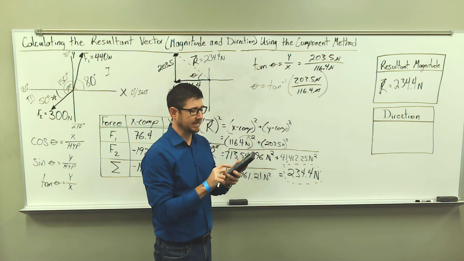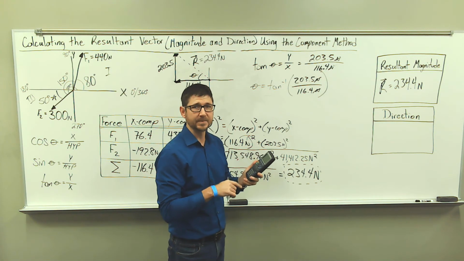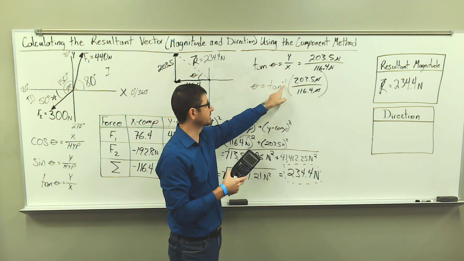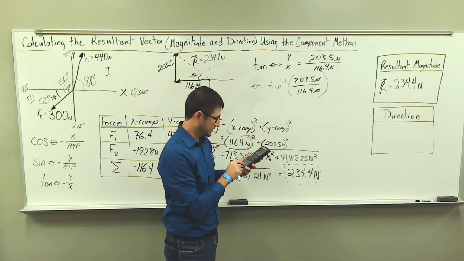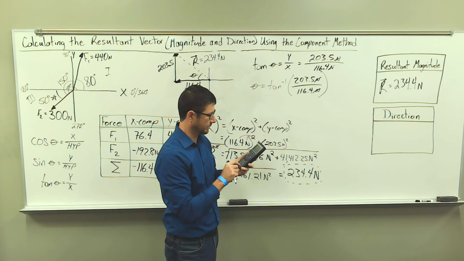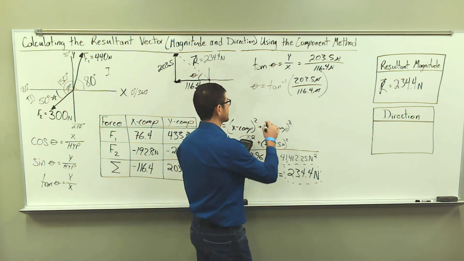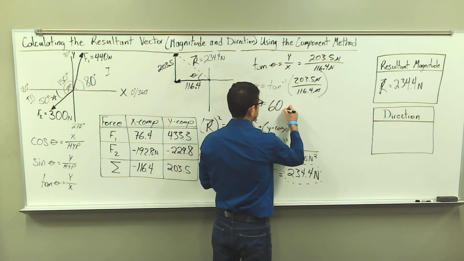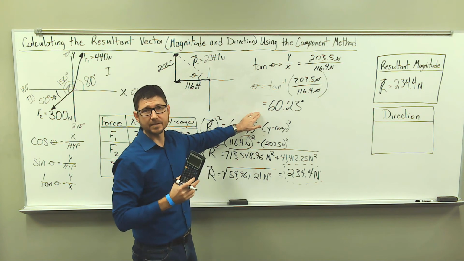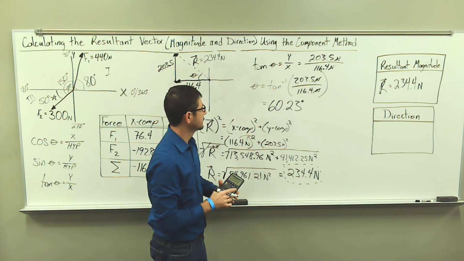So if you have any TI calculator, you're going to hit the second function and then your tangent key, and you'll notice that it has tangent with an exponent of -1. 203.5 divided by 116.4, and we're going to get 60.23 degrees. So once again, please make sure that you are in the degree mode and not the radian mode, okay?